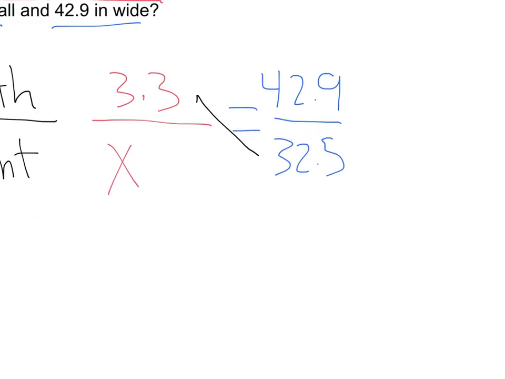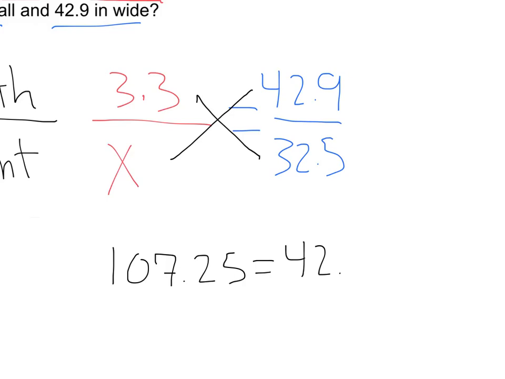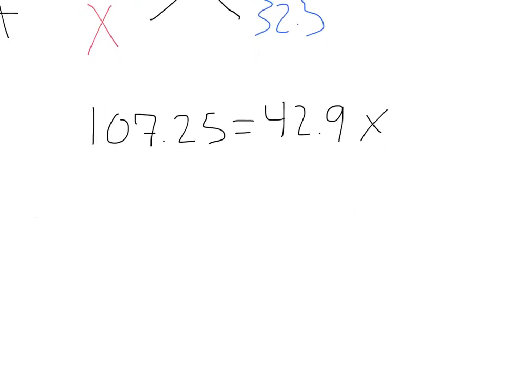We'll get 3.3 times 32.5, which equals 107.25, and that's going to equal 42.9 times x, which is just going to be 42.9x. Okay, good luck doing this in your head. I think I'm going to go ahead and have to write this out.